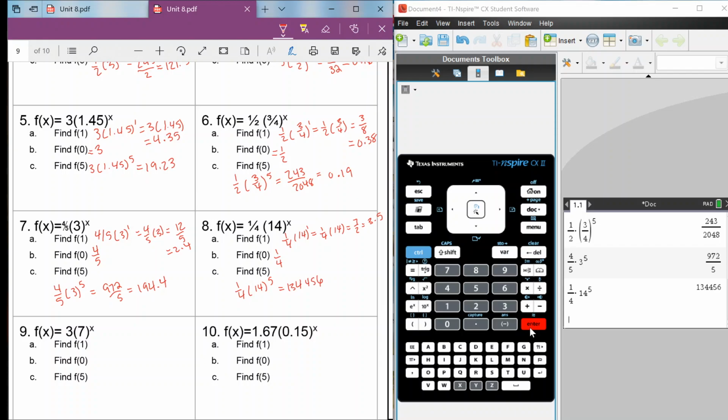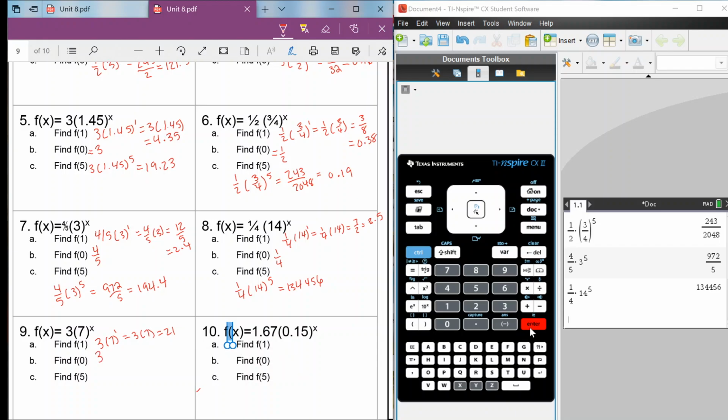Okay, go ahead and work on number 9. You're finding f of 1, f of 0, and f of 5. Okay, this is what you should have got. So 3 times 7 to the 1st power is equal to 3 times 7, which is 21. And then remember, where we plug in 0 in for x, we get the y-intercept, and the y-intercept is going to be 3.